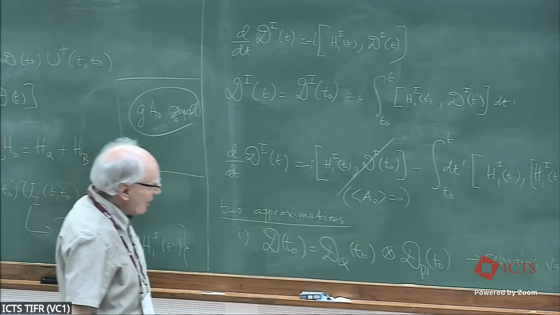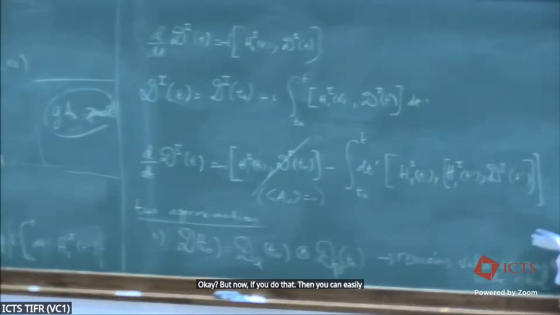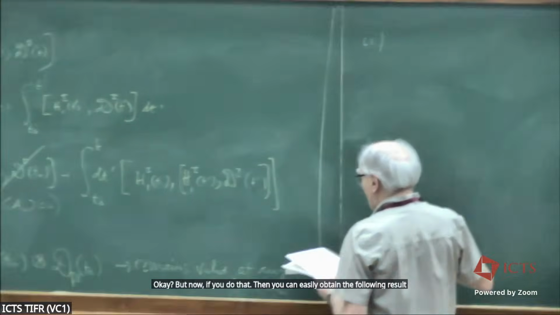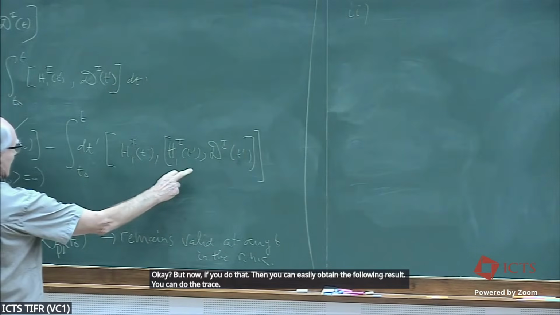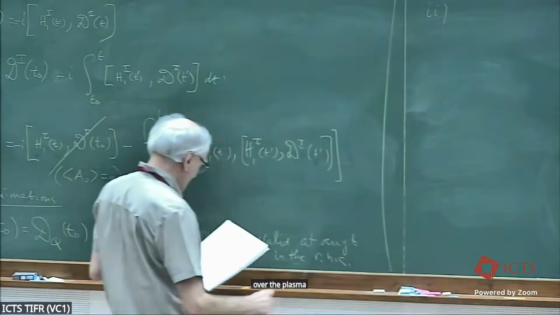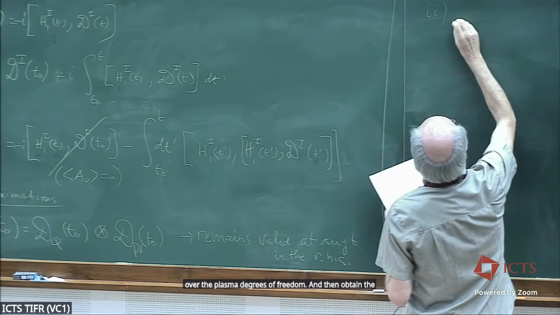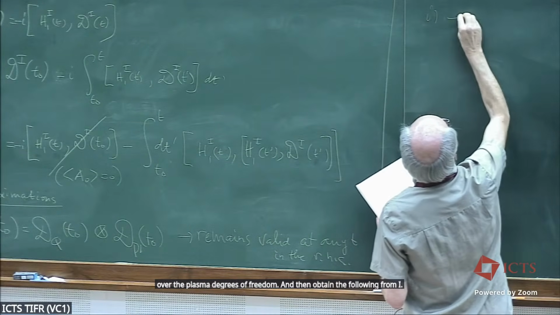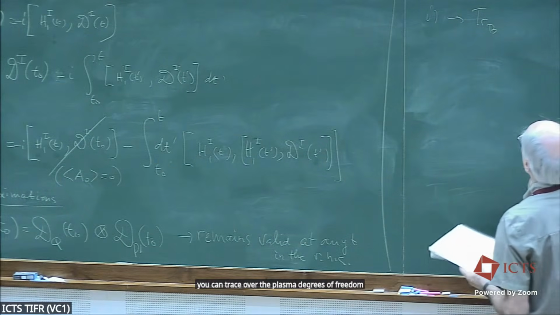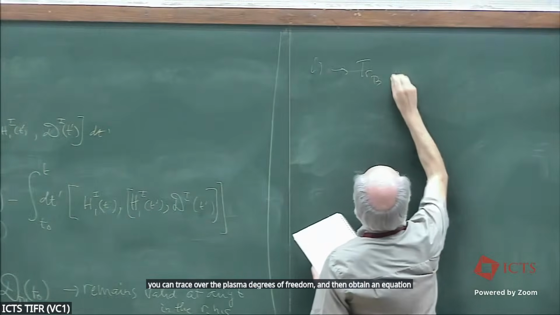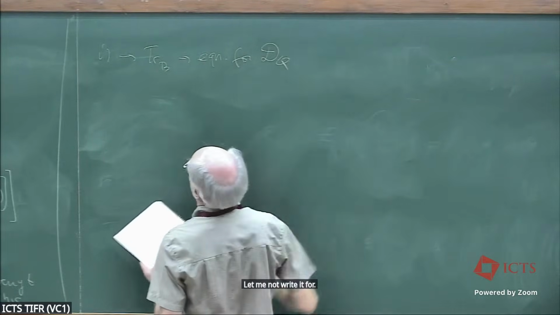But now if you do that, then you can easily obtain the following result. You can do the trace over the plasma degrees of freedom, and then obtain an equation for the heavy quark density matrix.